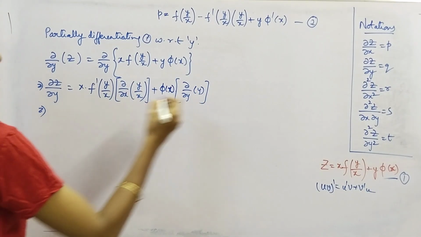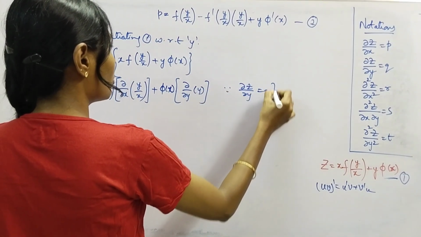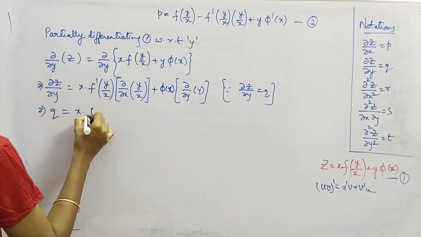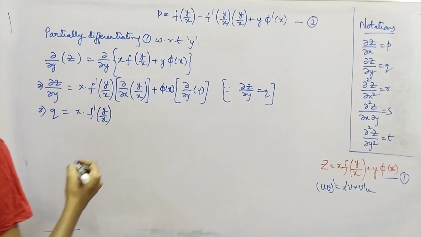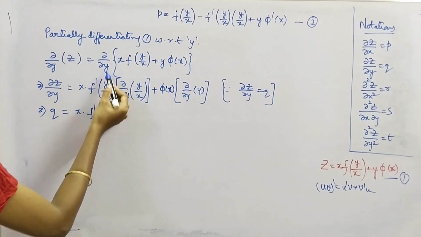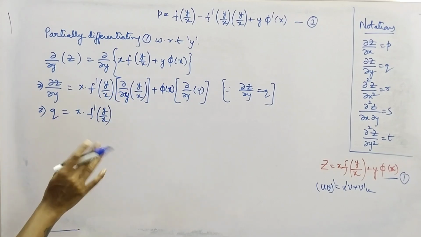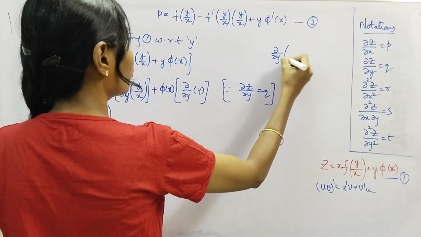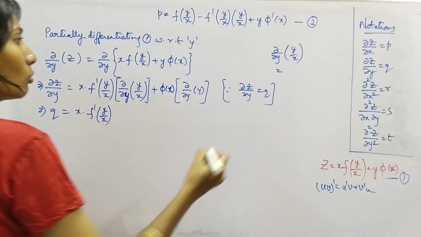Okay, since we know that dou z by dou y equal to q, now let's replace it by the notation q. You'll get q equal to x into f dash of y by x, and it's y. I'm sorry, it's y because we are partially differentiating with respect to y, so the inner derivative also will be found with respect to y. Right, dou by dou y of y by x.